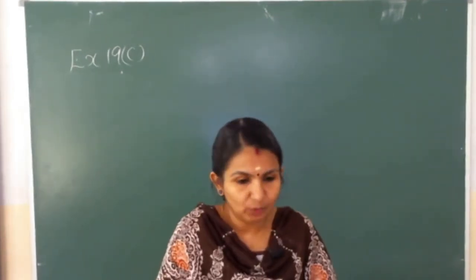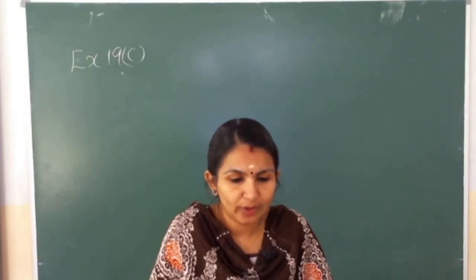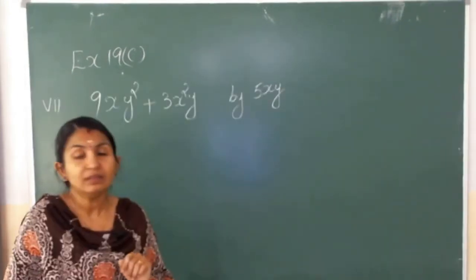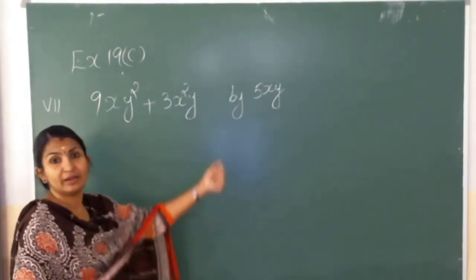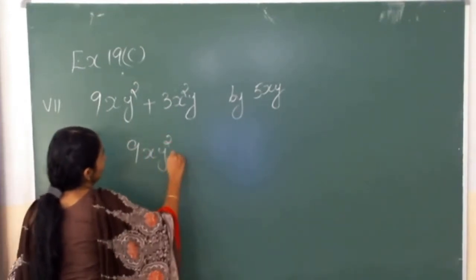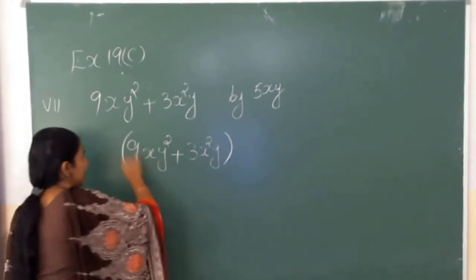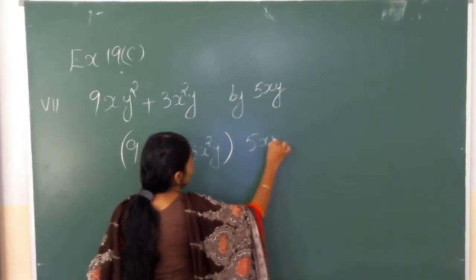Now seventh one, 9xy square plus 3x square y by 5xy. In this, first what we should do? We should write this binomial in a bracket. So 9xy square plus 3x square y in the bracket, and outside the monomial 5xy.